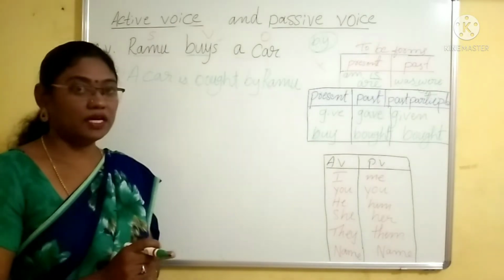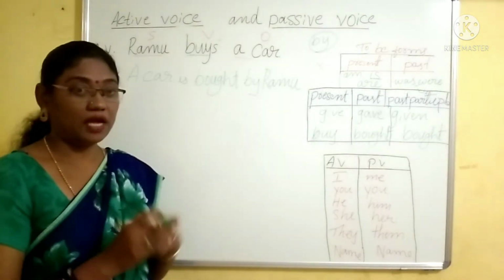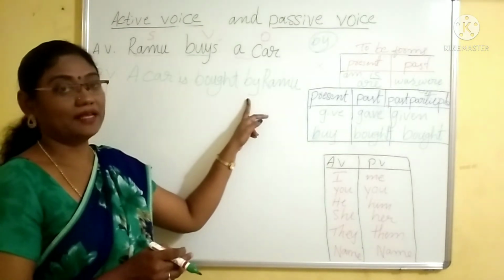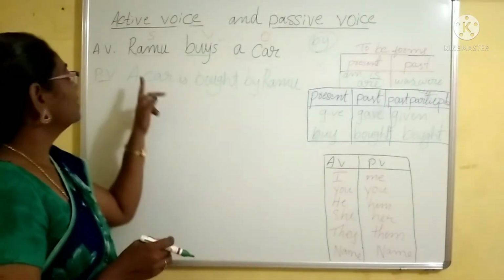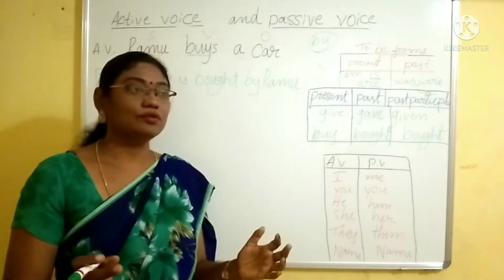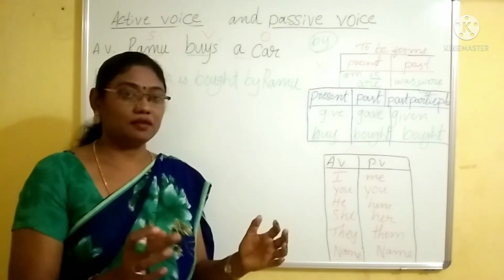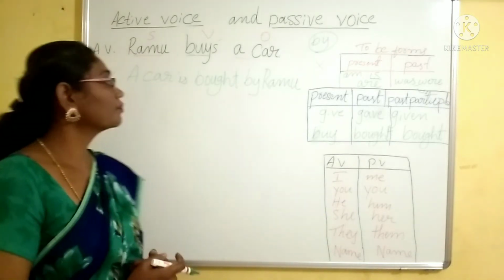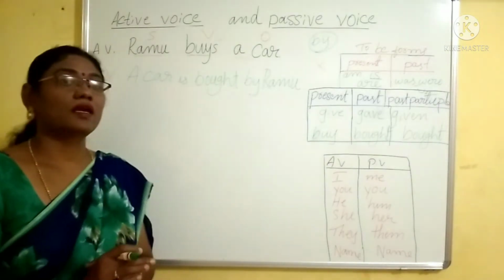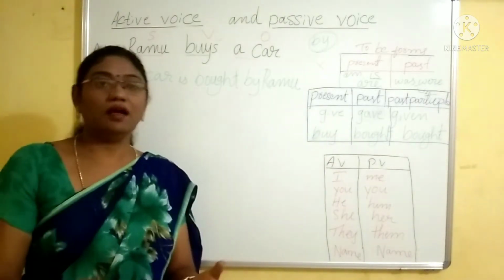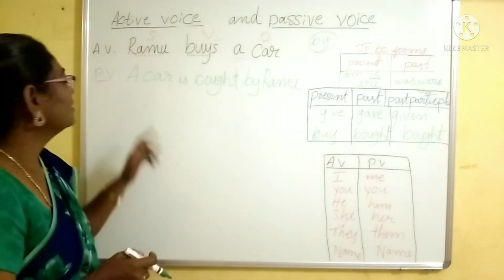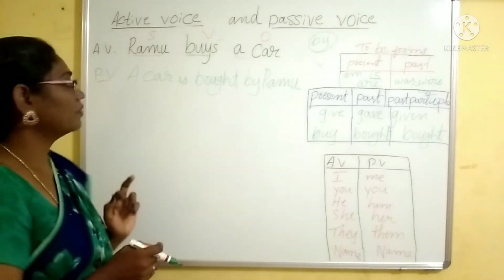And we add the preposition by. Ramu buys a new car. A car is bought by Ramu. That's it. See, these are the steps to be followed.